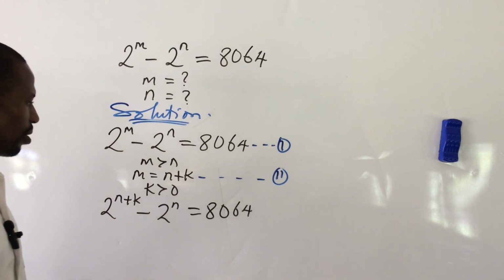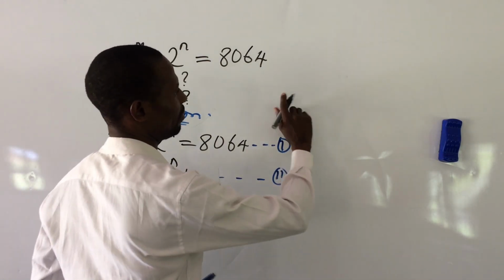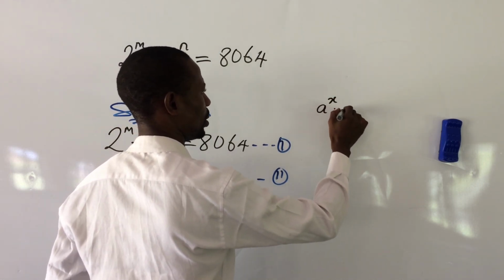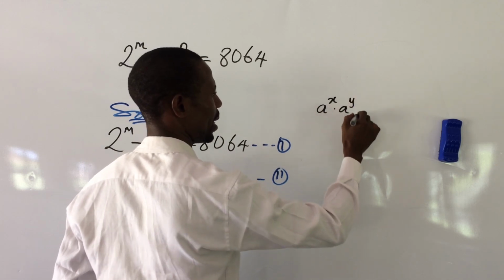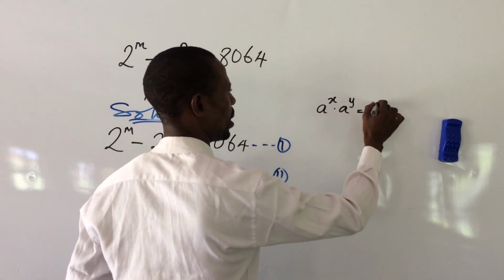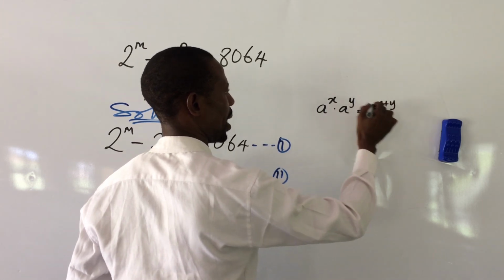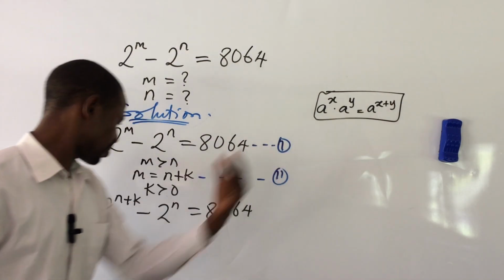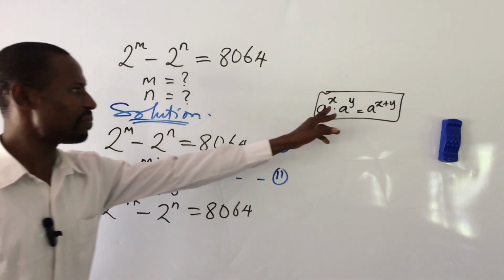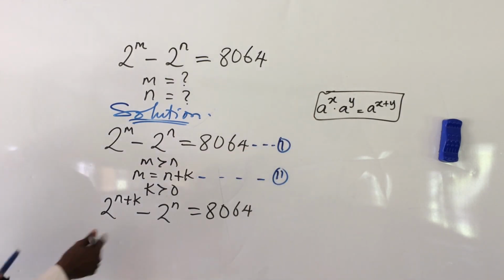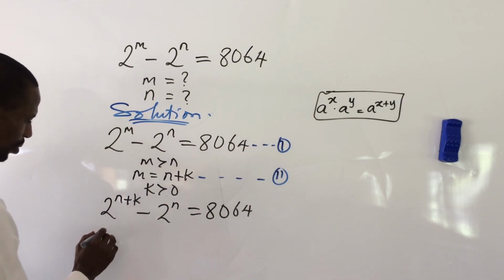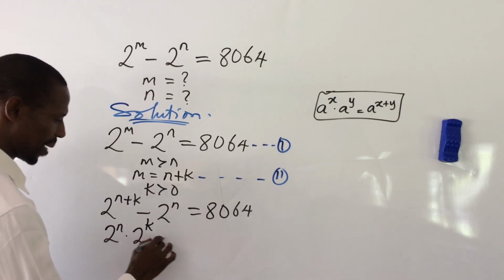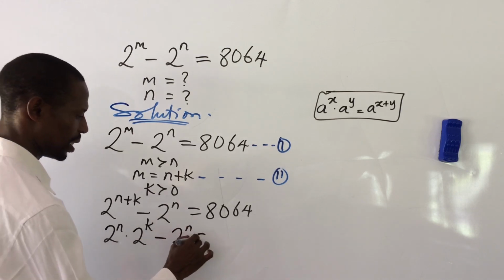Now, we have a law in indices which says that a to the power of x times a to the power of y equals a to the power of x plus y. So we can convert back to this format, and rewrite the whole of this as 2 to the power of n times 2 to the power of k minus 2 to the power of n equals 8064.